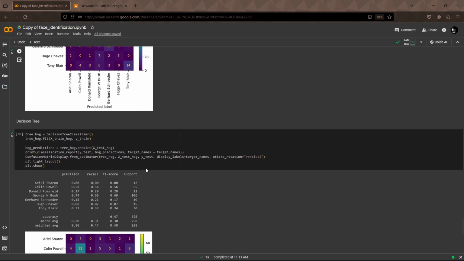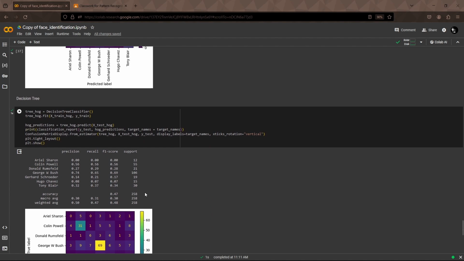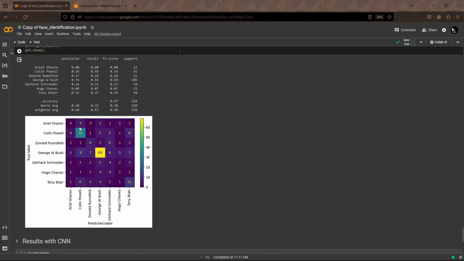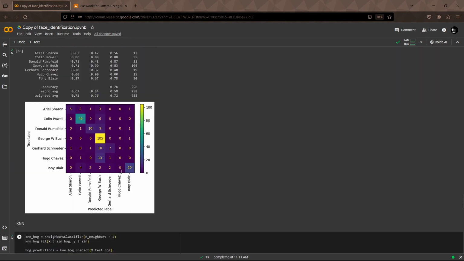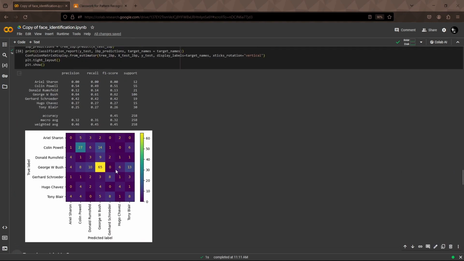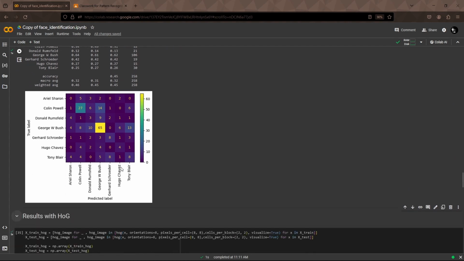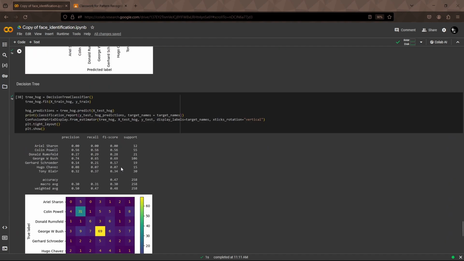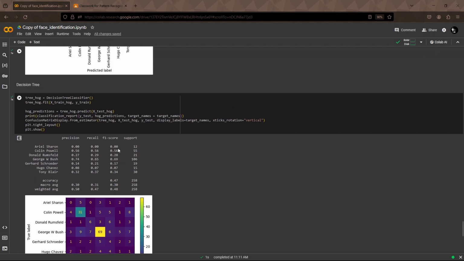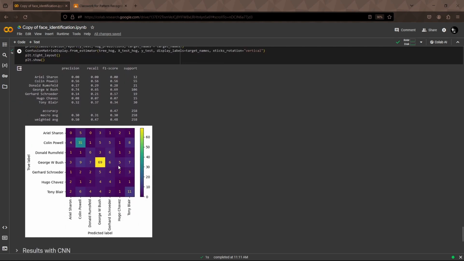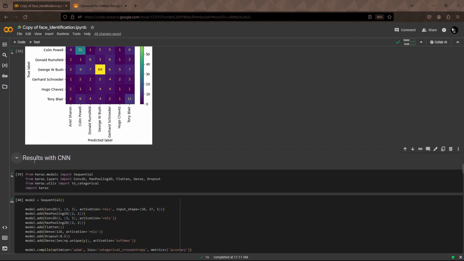And for the decision tree, it has gone down by 2%, which is not big, but we can see it looks much better, well distributed than this one, which is quite a bit separated and distributed. So you can see HoG all around the board has improved the accuracy and results for all three of our classifiers, and then we move on to CNN results.